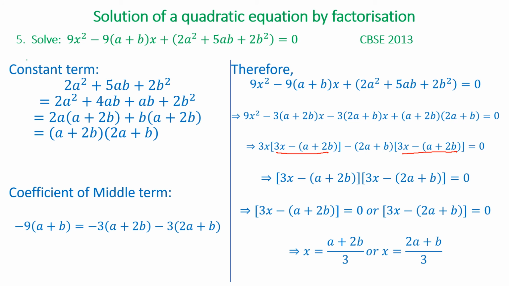So I take that out common and I am left with (3x - (a + 2b))(3x - (2a + b)) = 0. When I equate both the brackets to 0, I will get x = (a + 2b)/3, and again x = (2a + b)/3. So that's how I have factorized the 9x squared question given to us.